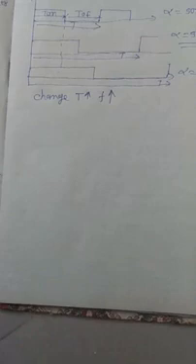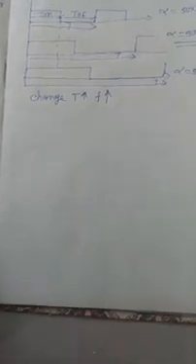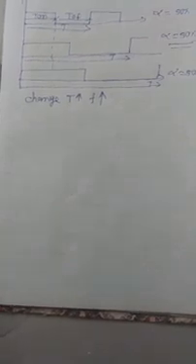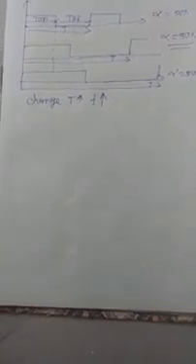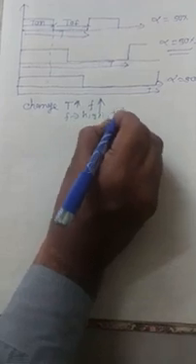So T on is constant and the time period T is changed. If T is increased, the frequency is decreased, and if the frequency is decreased, the output voltage is decreased. Similarly, if the frequency is increased, the output voltage is increased. So frequency from high to low means output voltage from high to low.